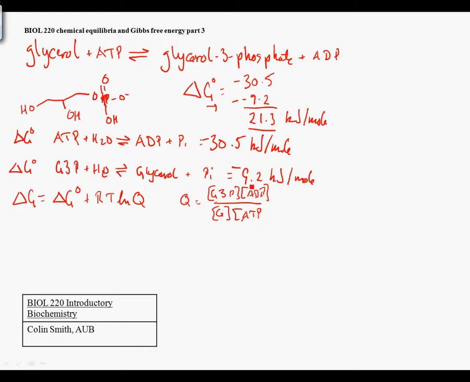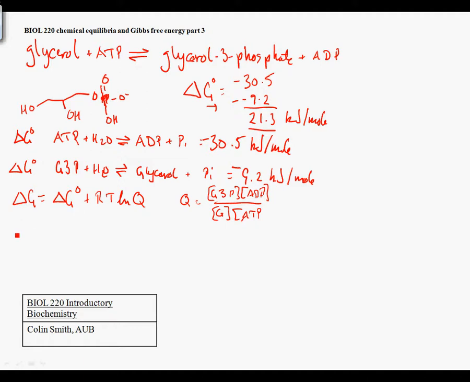So we can use this value to figure out what this quotient will be. So what I'm asking then is, at equilibrium, what is this number going to be? R is the universal gas constant, T is temperature in Kelvin.